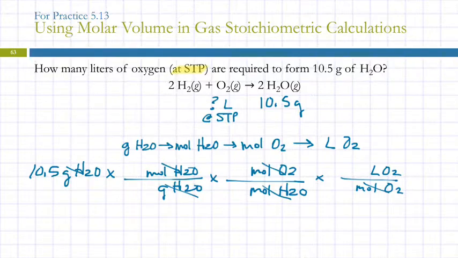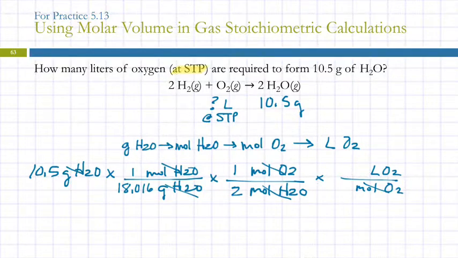So we need a mole ratio for this middle term. 1 mole of oxygen, 2 moles of water. We need the molar mass of water. I don't think we need to go over how to calculate that. It's 18.016 or 18.02, whatever. Liters and moles of oxygen. Because it's at STP, we don't have to use the ideal gas equation.